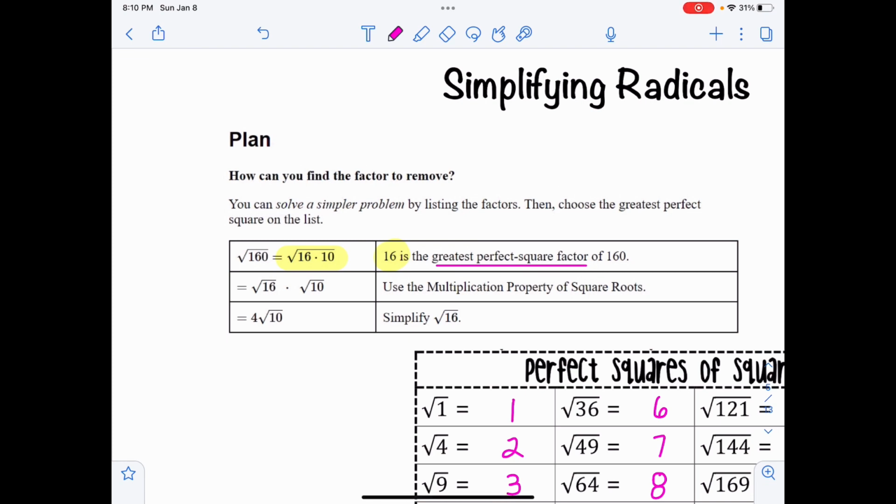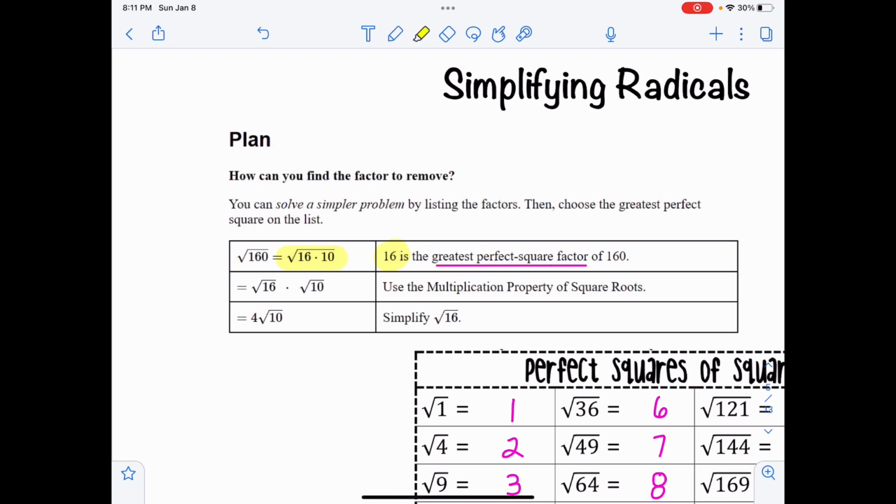Just like if you were simplifying fractions, you're looking for the greatest common factor, the GCF, and you're going to pull that out of your fraction in order to simplify it. Same thing's true here with simplifying radicals, only we're looking for the greatest perfect square. So our greatest perfect square of 160 is 16, and 16 times 10 is 160.